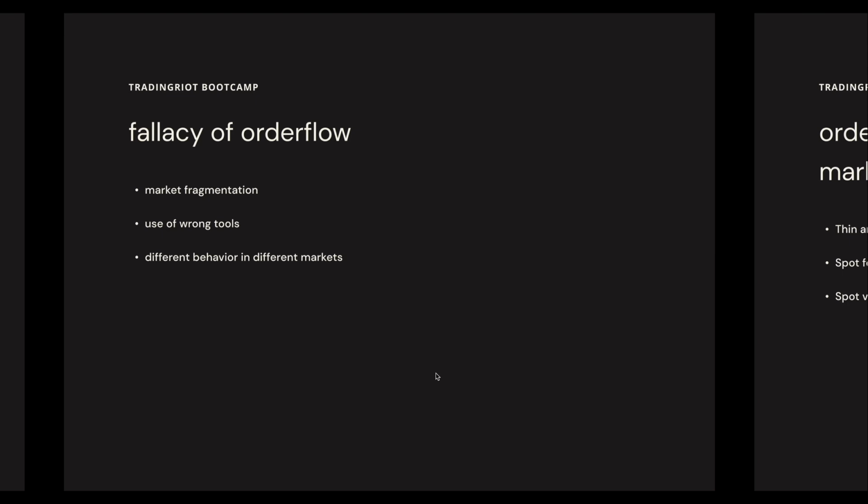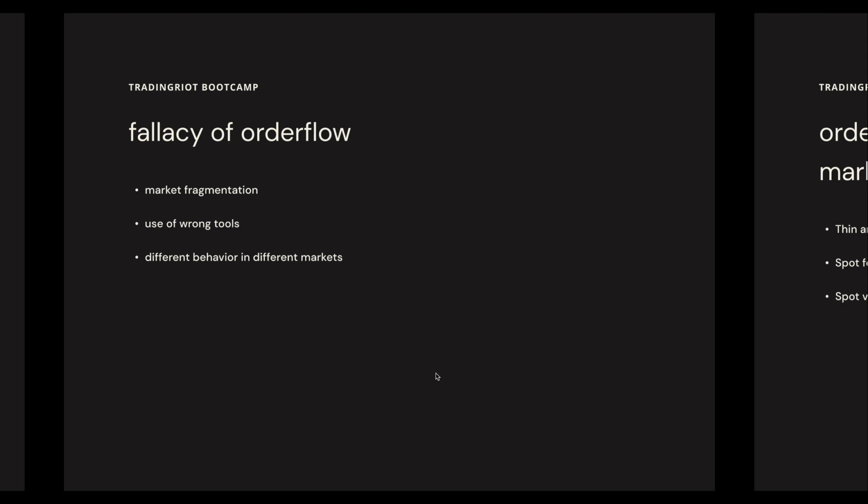Besides markets having different liquidity, they also behave differently. You have spoof orders, traps, and everything is a little bit different for each market. So if you want to go this way and really focus on looking at things from a zoomed in perspective, you need to stick to the market of your choice.